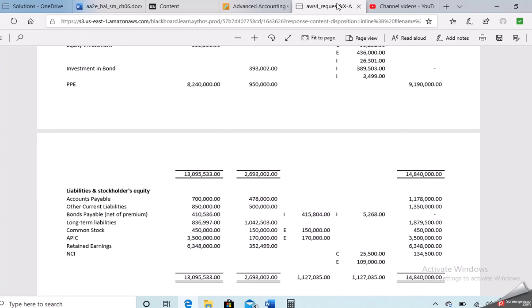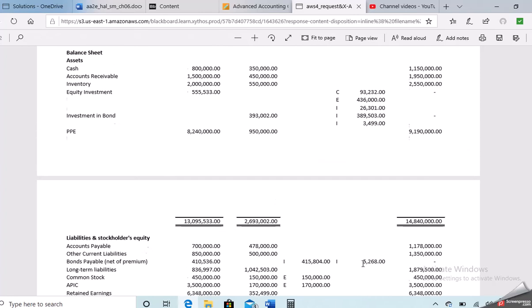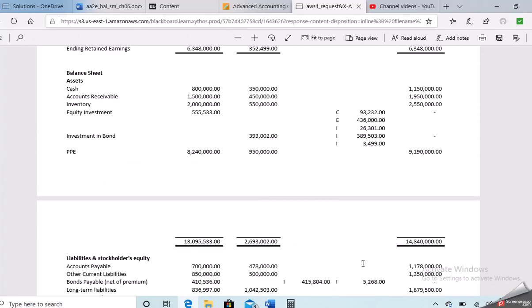If I keep going down, you'll see where that's coming in on this I entry. We're going to eliminate our common stock, our paid-in capital, and set up the NCI for their piece of everything. And this one doesn't have an A entry, so that makes it a little bit easier.